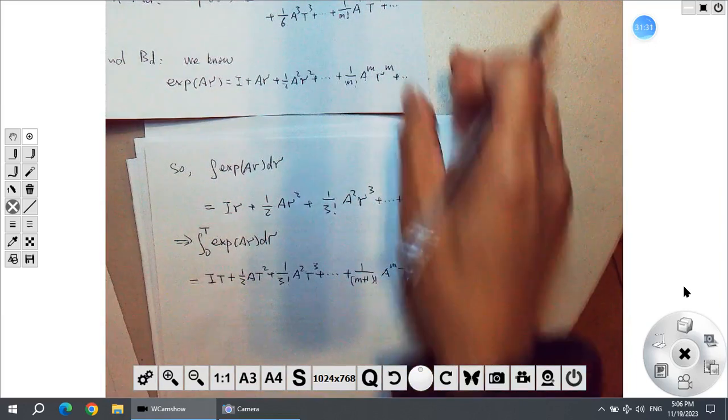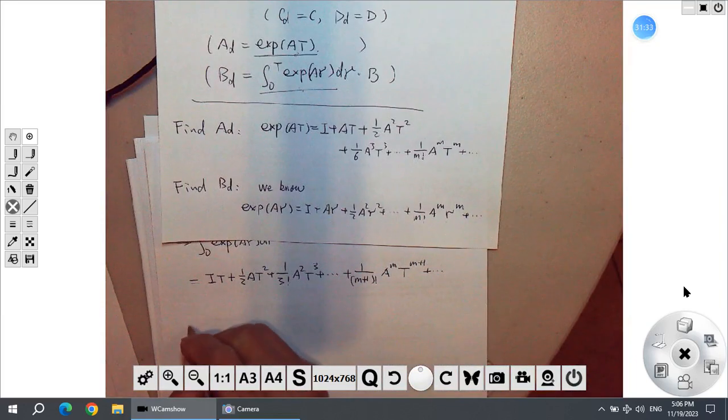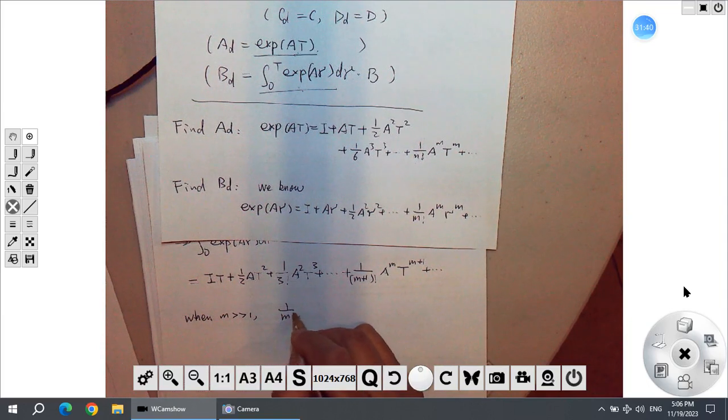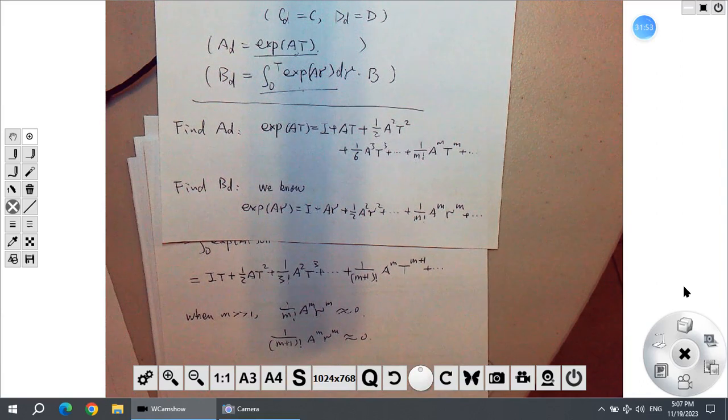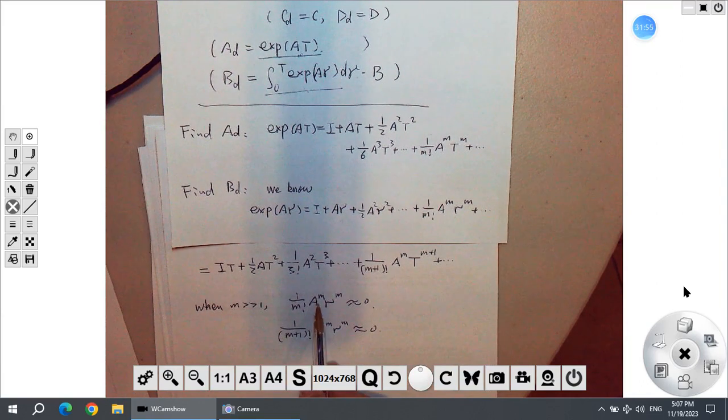Yeah, similar in both cases. When m is large enough, 1 over m factorial A^m gamma^m is almost equal to 0, and 1 over m plus 1 factorial A^m gamma^m is close to 0. Makes sense, right? Because in the numerator, when m increases by 1, you multiply by one more A and one more gamma.